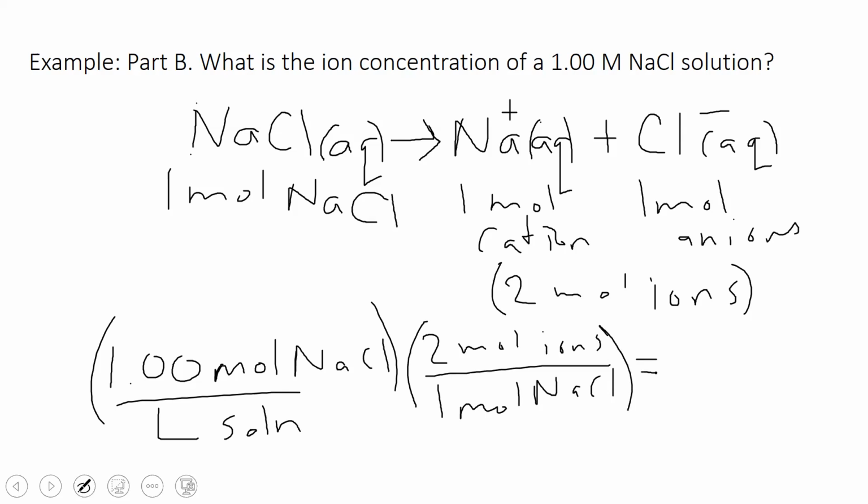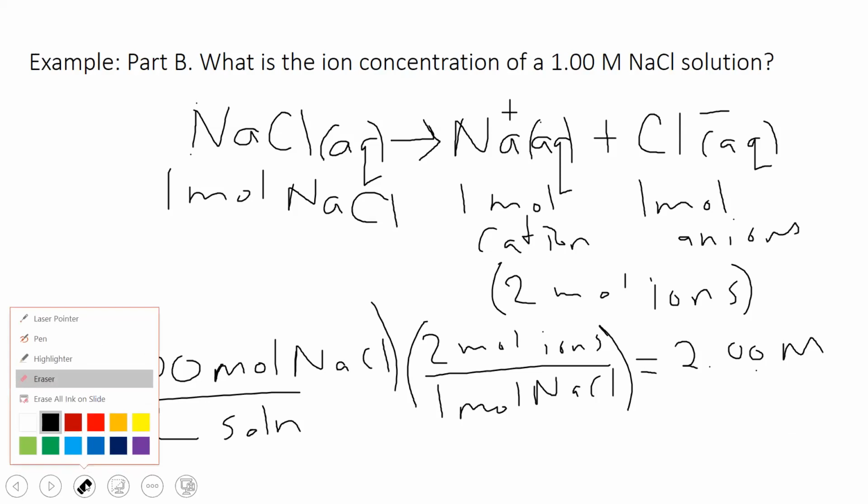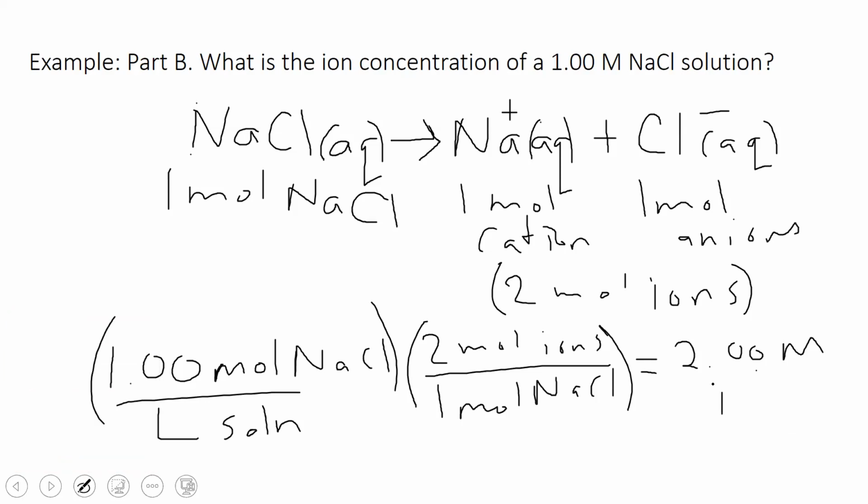That means that if I have a 1 molar sodium chloride solution, it'll be a 2 molar ion concentration. And that's a way of doing just the ion concentration for a solution.